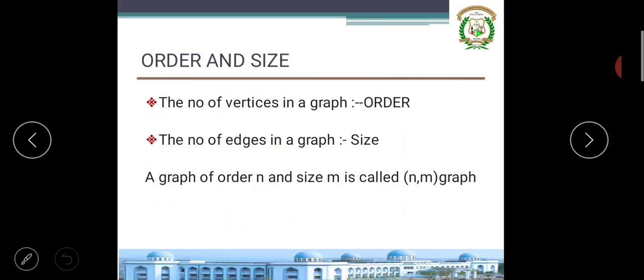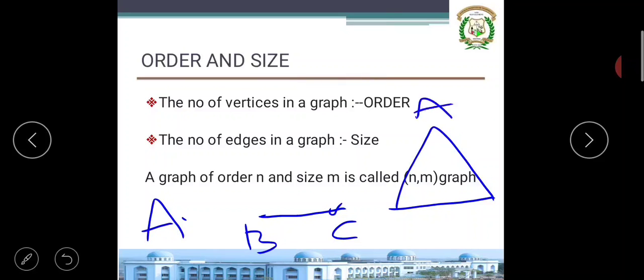Just wait. I'll take one graph. If I take one point, remember the name should be written, this is also a graph, a null graph. Two points B, C, this is also a null graph, or with one edge, this is also a graph.